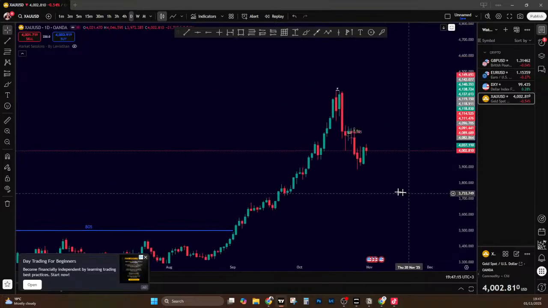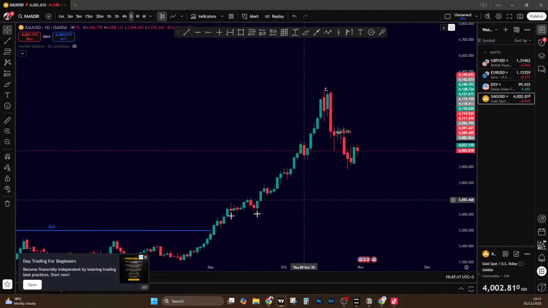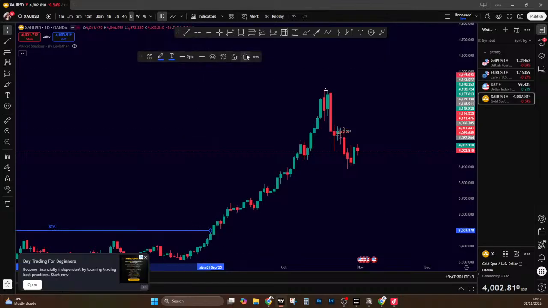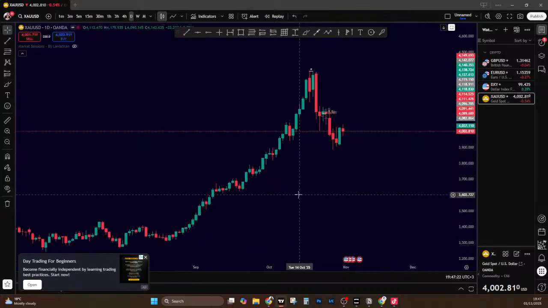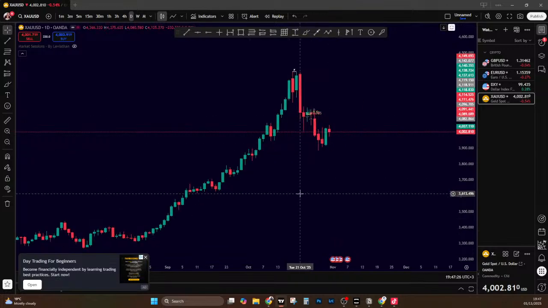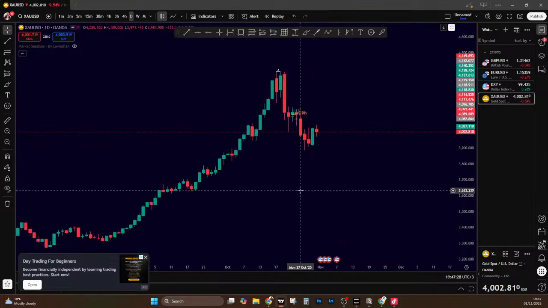Okay? So, let's assume we are looking at market structure and order flow. We are looking at what? Market structure and order flow. Gold, you search XAUUSD.